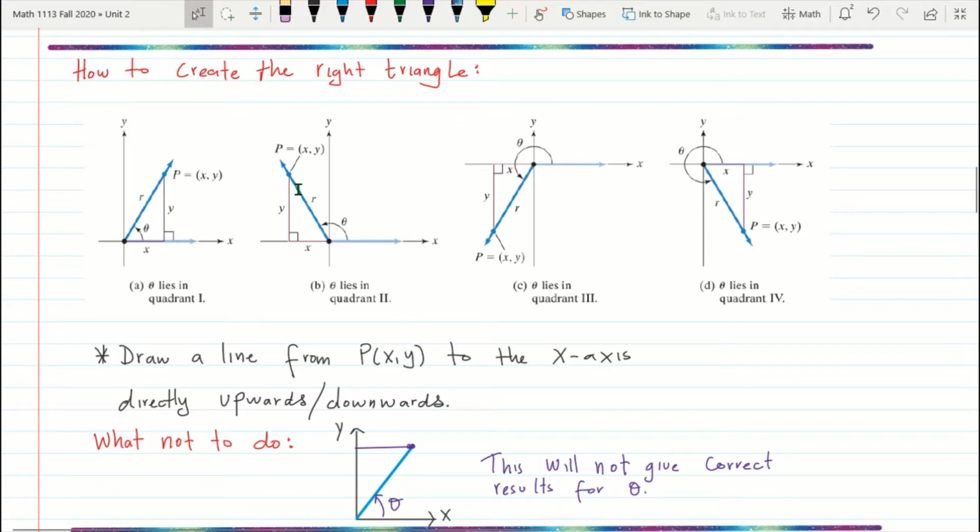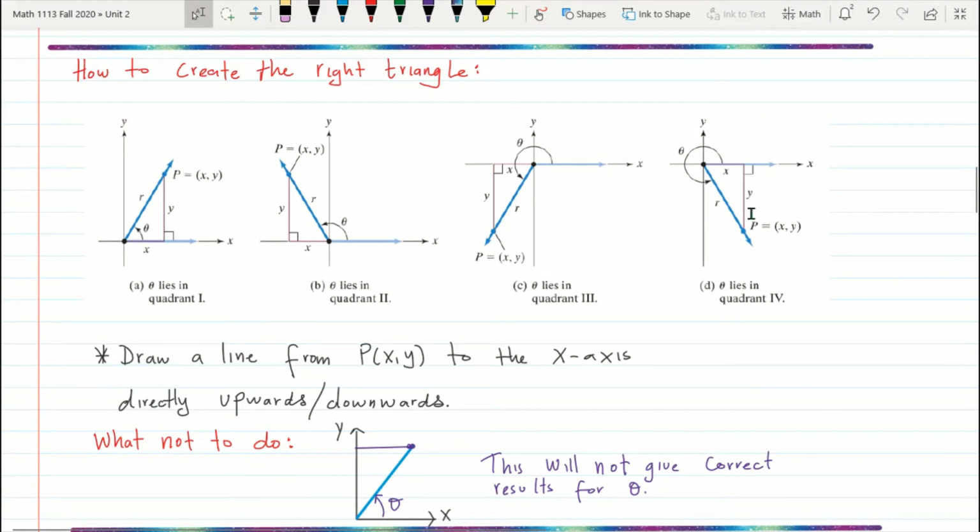So just draw a line straight down, and then we create a triangle here with the same 3 components: the x length, the y length, and then the radius r, and so on. Quadrant 3, you're going to draw the point, then connect it from the origin, and then draw a line upwards to the x-axis. And then you have your triangle. And then same thing here in the 4th quadrant.